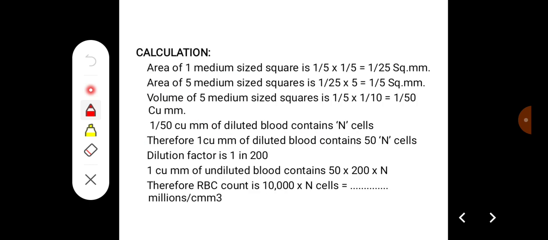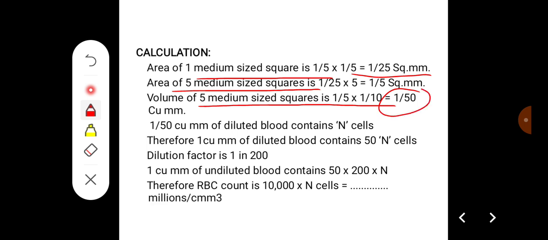The area of one intermediate square is 1 by 5 into 1 by 5, that is 1 by 25 square millimeter, and we are counting RBCs in 5 medium squares, so that makes the area 1 by 5 square millimeter. Hence the volume becomes 1 by 5 into 1 by 10 is equal to 1 by 50 cubic millimeter.